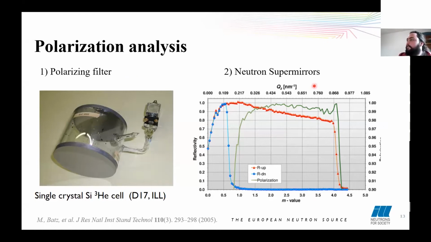Another very commonly used technique is the supermirror, in which we make use of the spin-dependent property of the critical angle of the neutrons. Now we have two critical angles, one for the spin up and one for the spin down. We can set up our supermirrors so that the neutrons reflect at an angle between these two critical angles, and we will have an almost perfectly polarized beam. There are obviously also polarizing crystals, but I'm not going to go into detail on those.